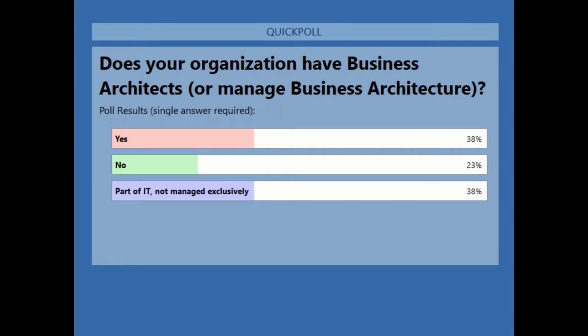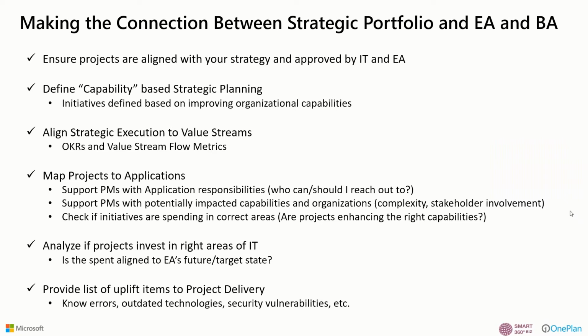I think that's encouraging because it puts you in a position to be able to combine these better practices and have a better picture of the impact your strategic portfolio is having. So thank you everyone for participating.